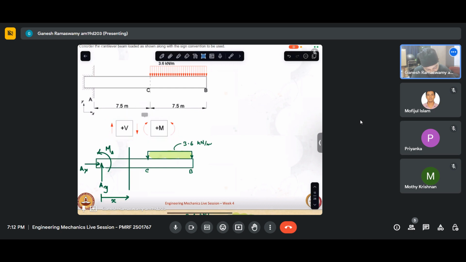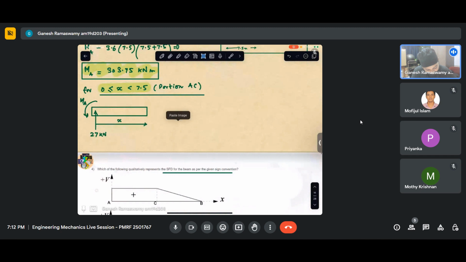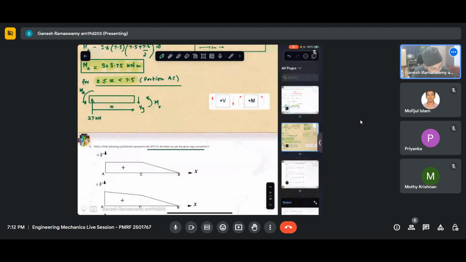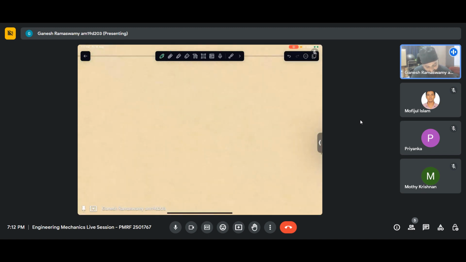Let me put that sign convention here, and I'll put Vy like that and Mx like that. Once I have done that, it is the same drill.